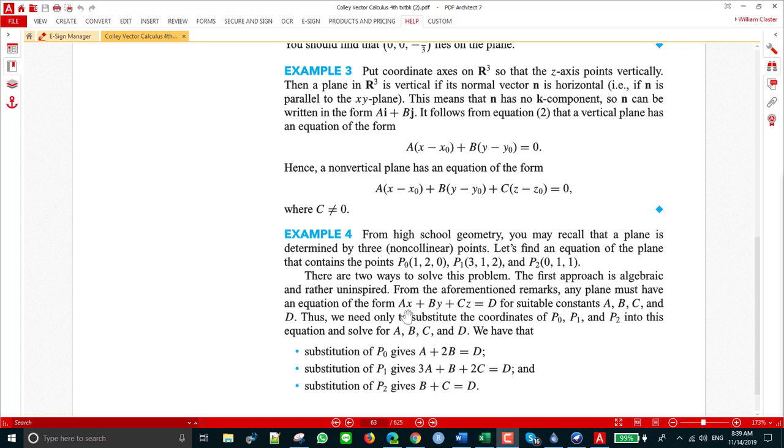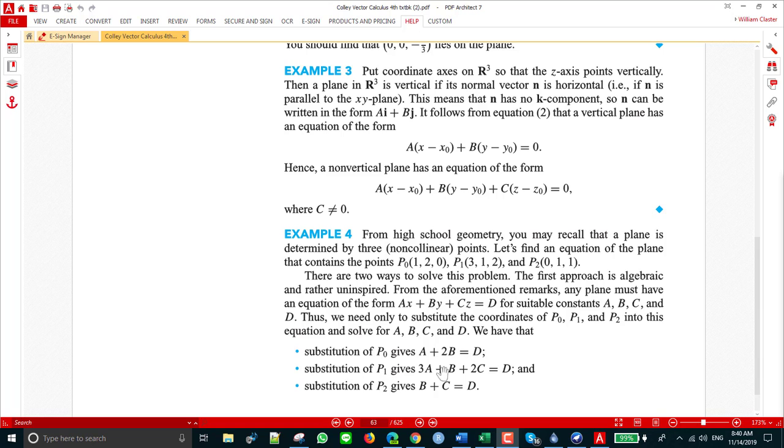One way to do that is to start with this equation for a plane, and then put in these values for x, y, and z, and then solve for one of the coefficients, and then do substitution and keep substituting. When we put in P0, we get this.